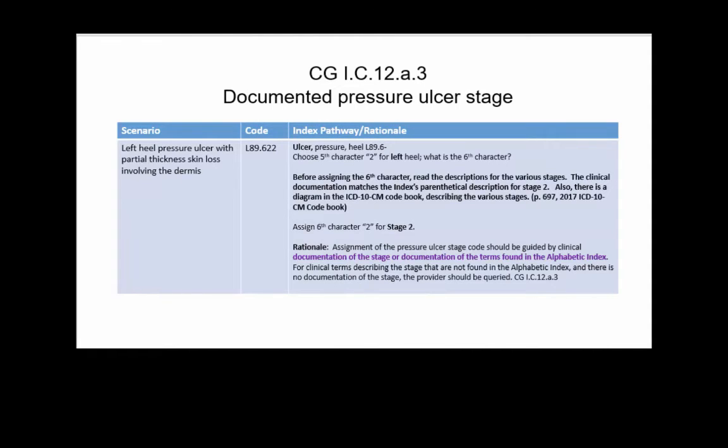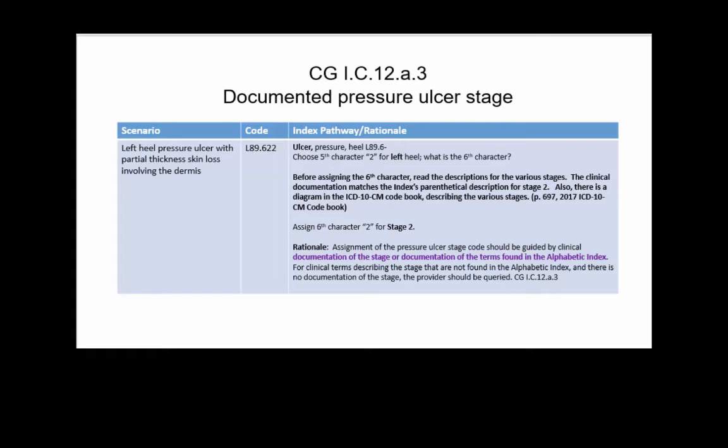The next guideline has to do with the documented stage, where the doctor does not give you the stage but does describe how deep the ulcer goes. And there is a diagram in the code book that shows this on page 697 in the 2017 code book.